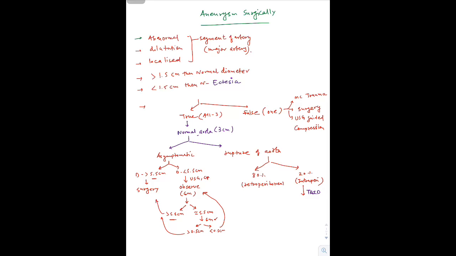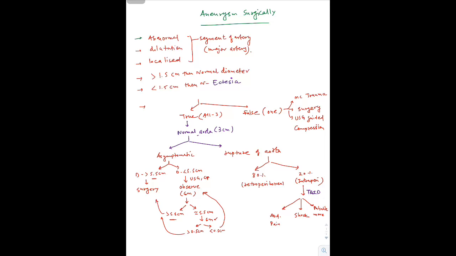Sorry for this spelling mistake. And this triad is abdominal pain, shock due to hypovolemic shock, and the pulsatile movement or pulse in the abdominal region.